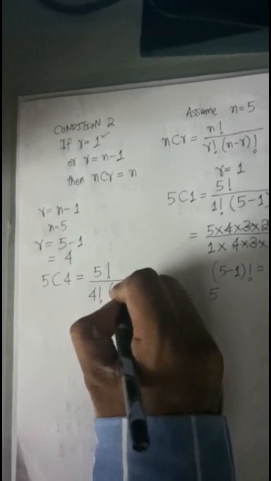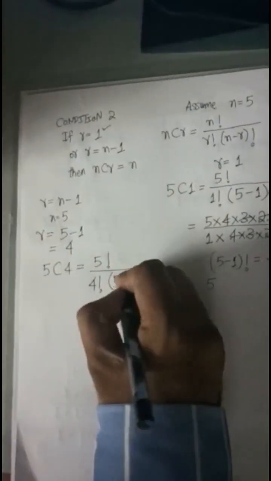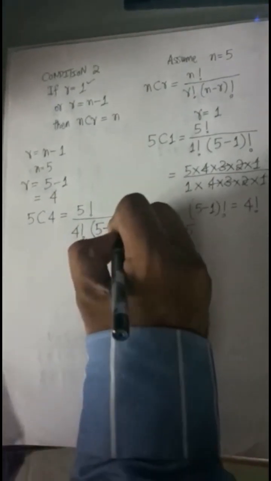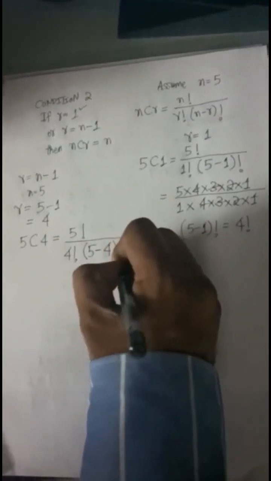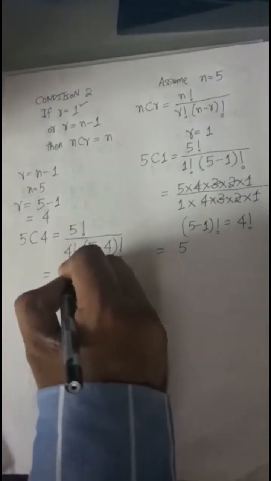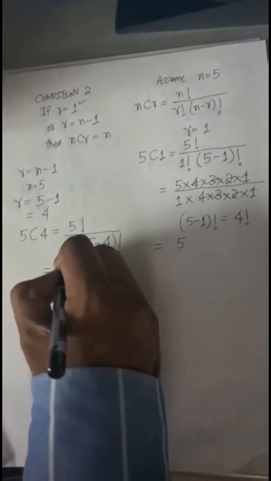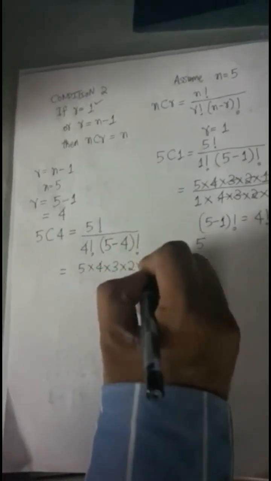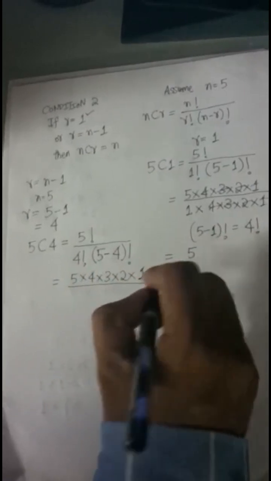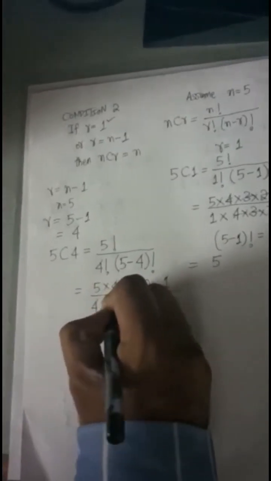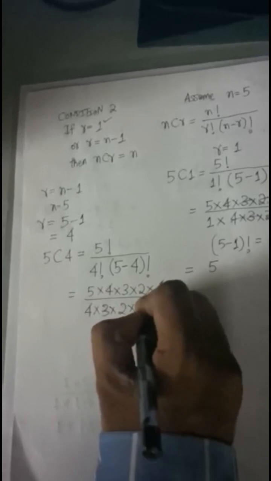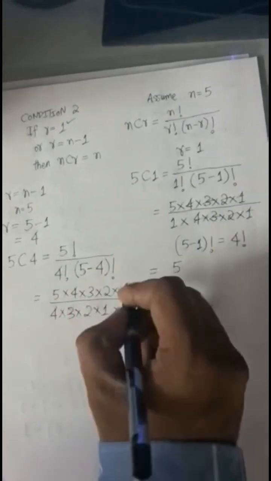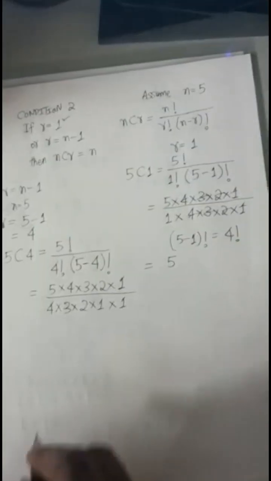Very carefully I will compute: n is 5 and r is 4. So 5 factorial we write as 5 into 4 into 3 into 2 into 1, divided by 4 factorial, which is 4 into 3 into 2 into 1, and into 5 minus 4, which is nothing but 1 factorial. So this value will be 1.